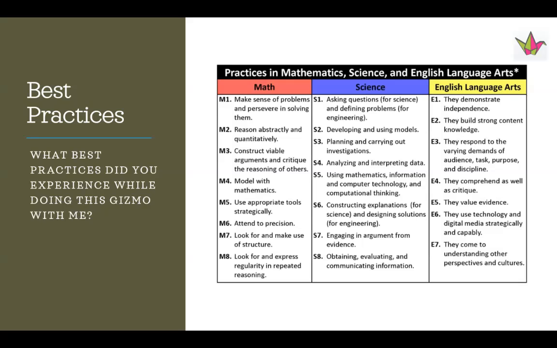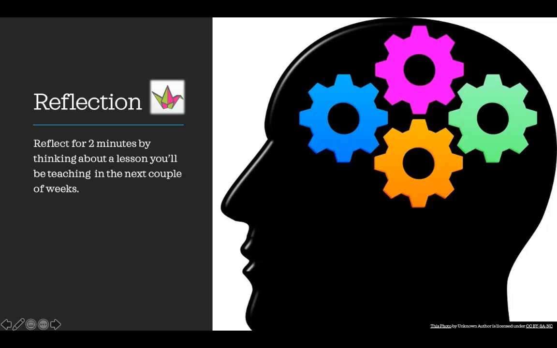All right, so moving on. Now, I want you to reflect. So take a look at the Padlet down below, and I want you to think about a lesson that you're going to be teaching in the next couple of weeks. So reflect for about 2 minutes by thinking about a lesson you'll be teaching in the next couple of weeks. Think about a concept that's coming up in science.